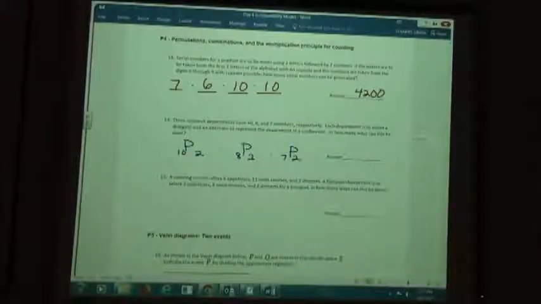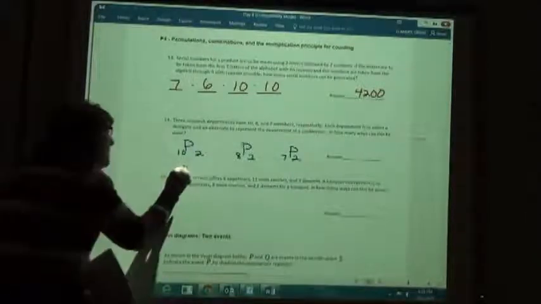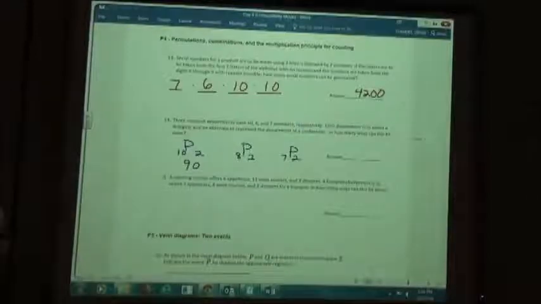I worked it out the long way on my paper, but we'll use our calculator. 90. Getting 90 then? Yep. There's your 90. Okay, now we're going to do the second one.